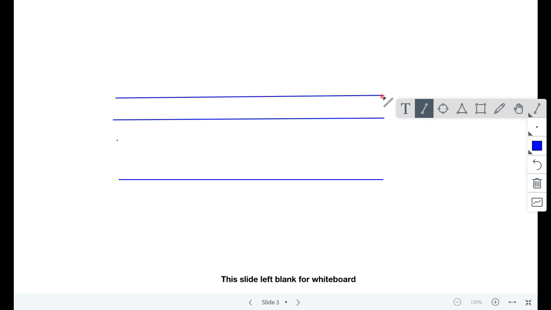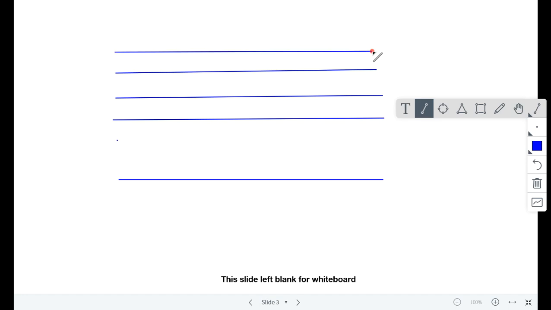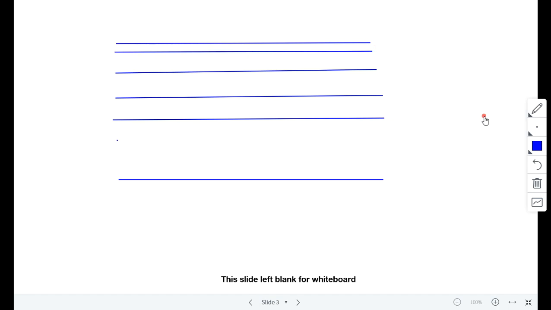This is for n equals 3, 4, 5, 6, and so on up to infinity.